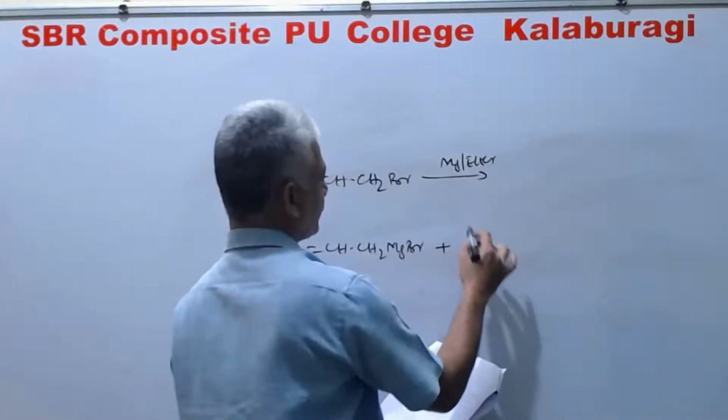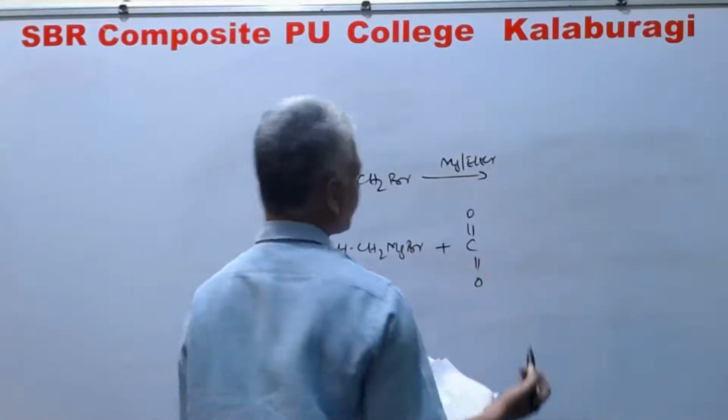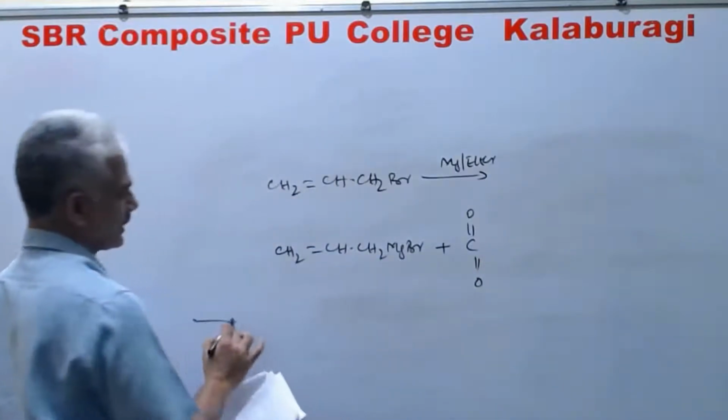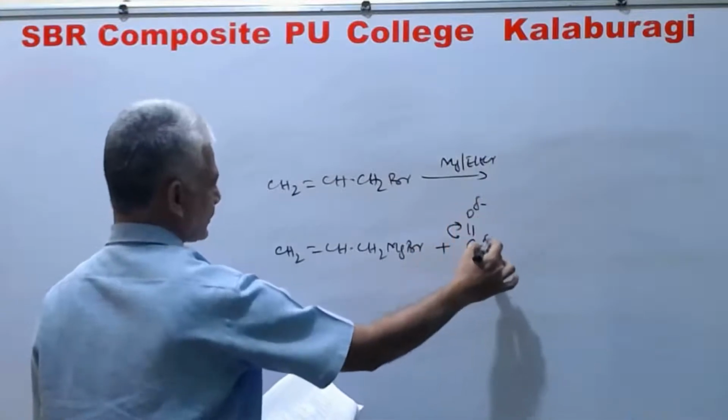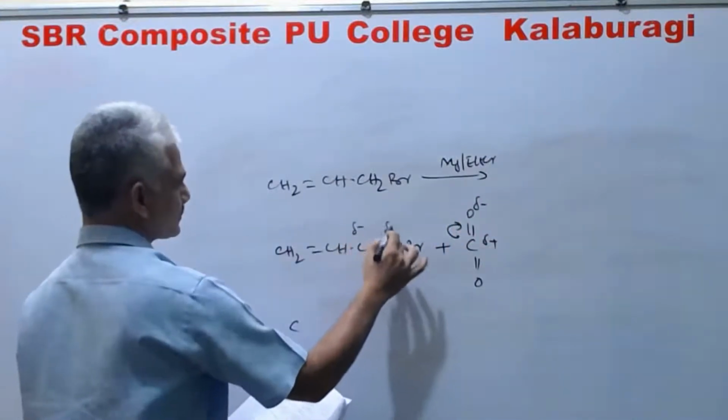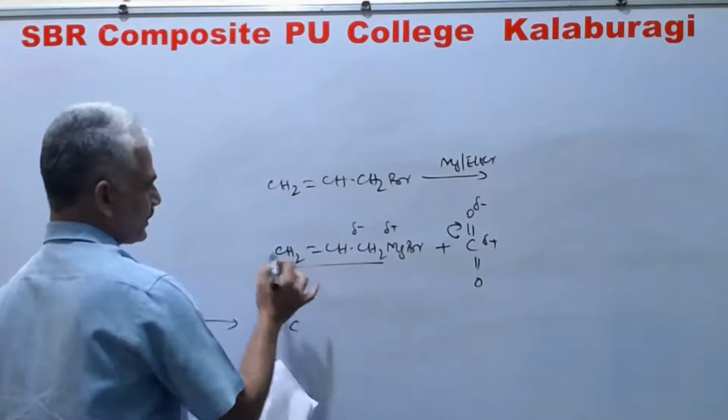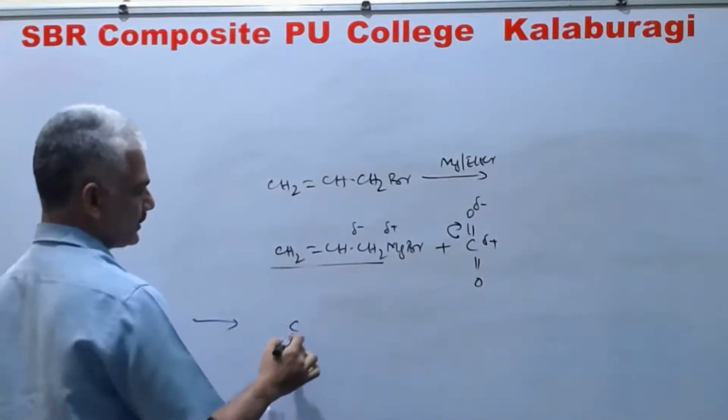When it is made to react with carbon dioxide, this group called the allyl group gets added to the carbon.